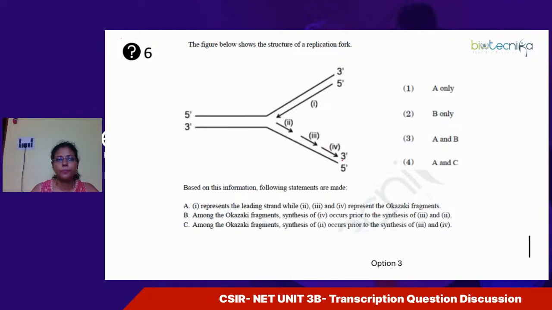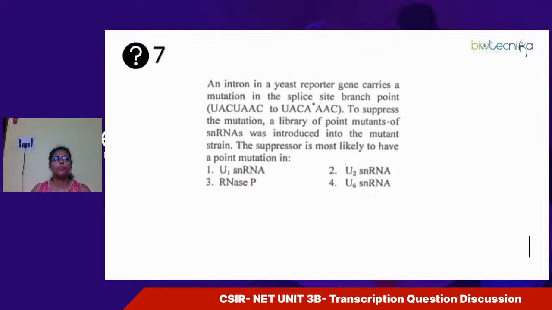Okay, all right, moving on to question number 7. This is again another question from splicing, post-transcriptional modification.